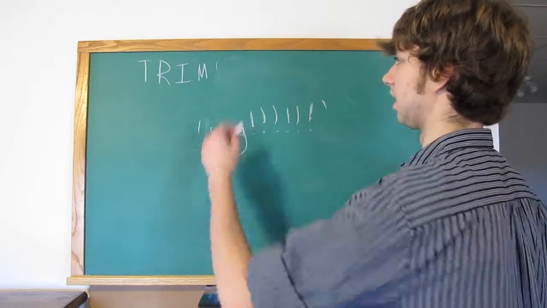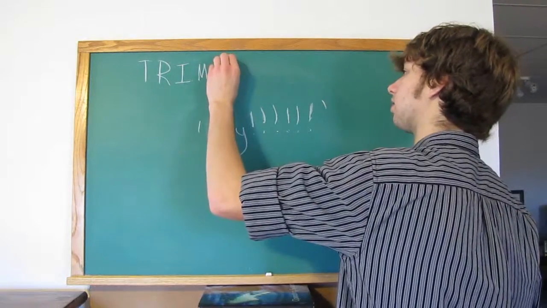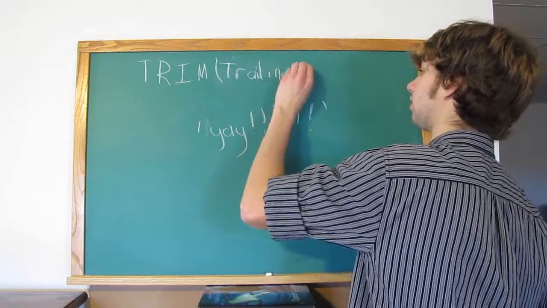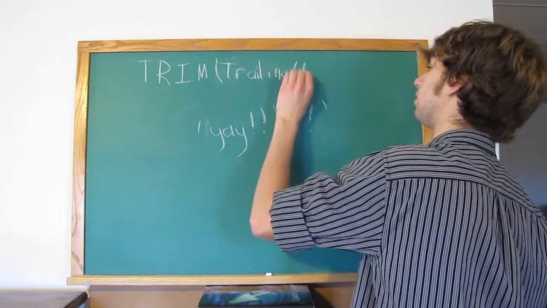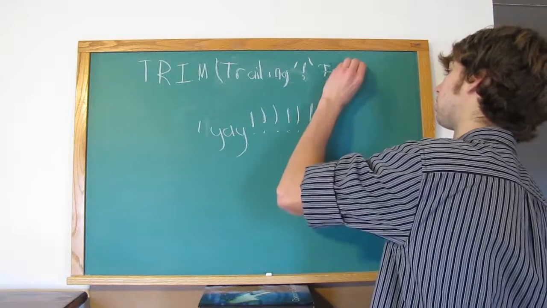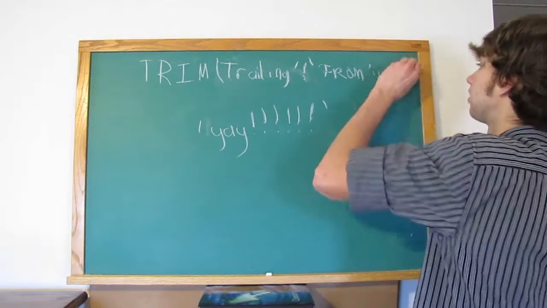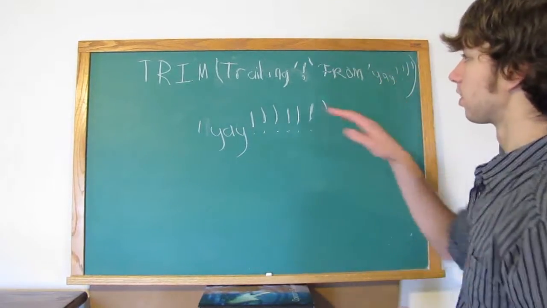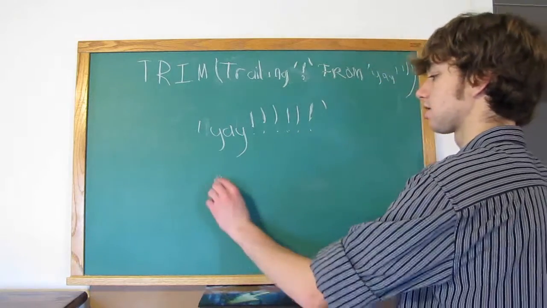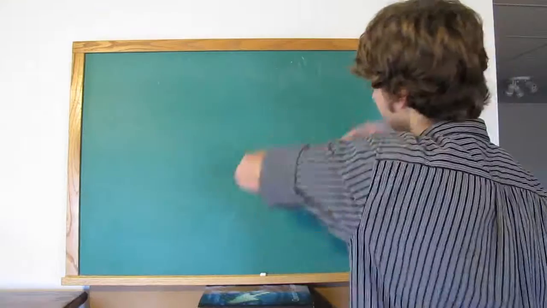So if we use trim, we could say in the parentheses, trailing, and then in parentheses here, an exclamation mark, from, and then we write this string out here. Yay! Like this. So here's the final result: trailing, exclamation mark, from, yay! And the returned result that it gives us will be this, because it removed all of the trailing exclamation marks for us.